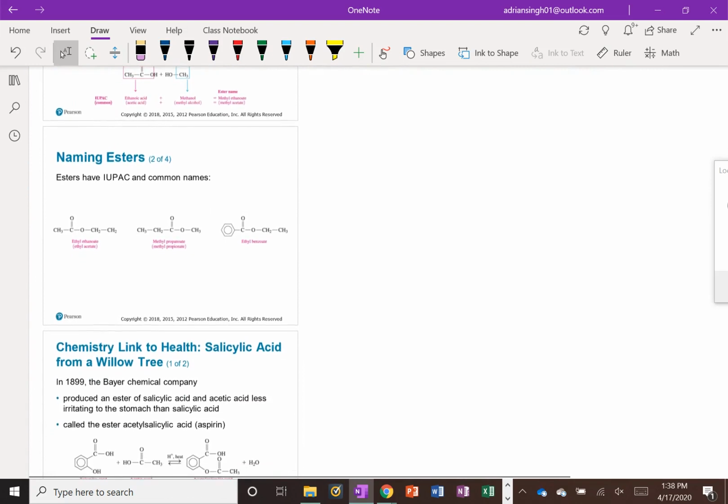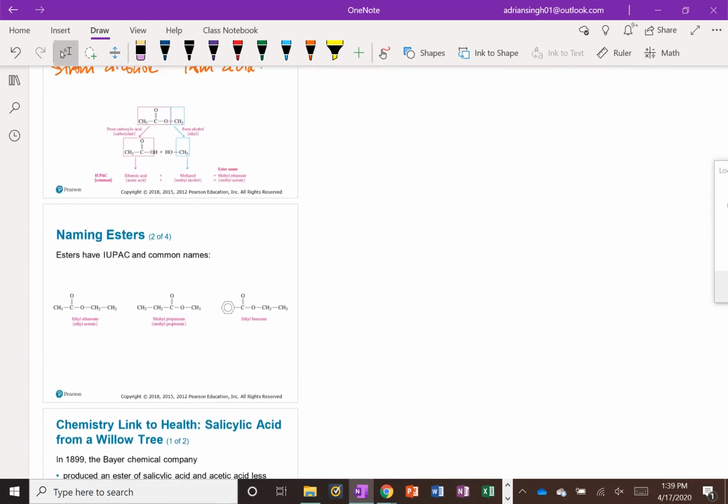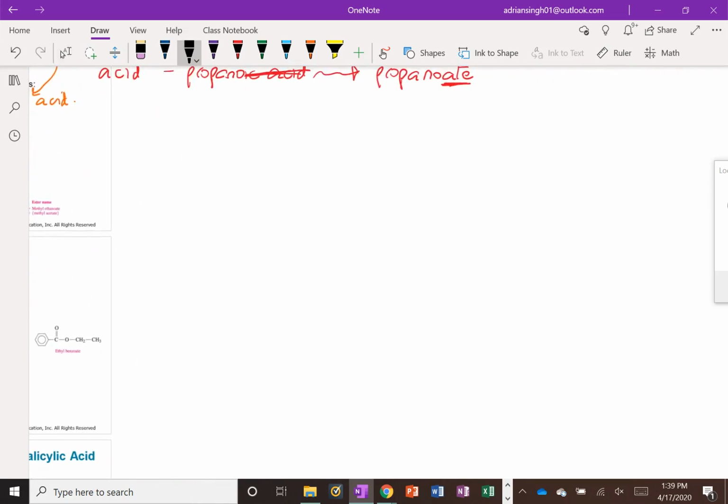Let's take a look at another example here really quick before we go any further. If I have an ester that looks like this, and we had to name that one, the first thing that you want to do is to identify that ester bond, which is right here.